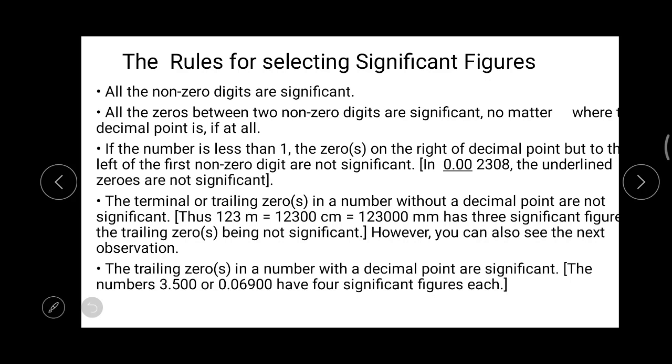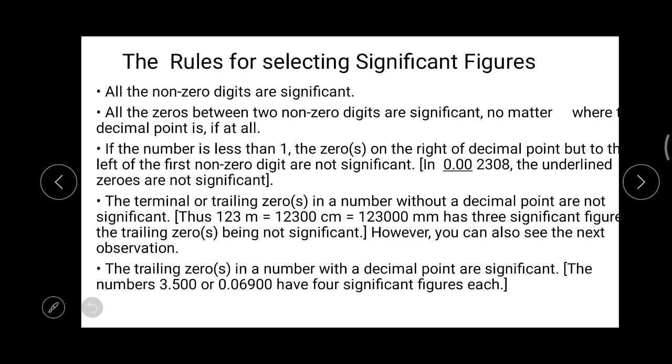Okay. And when you are converting that into millimeter, it will be 1, 2, 3, and there are three zeros. Those 3 zeros are not significant, that is 1,23,000. In 1,23,000, the number of significant figures will be 3, that is 1, 2, and 3, the trailing zeros being not significant.